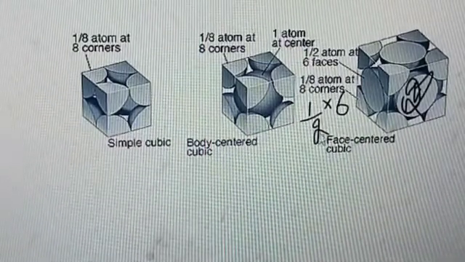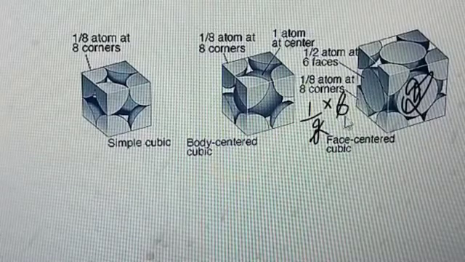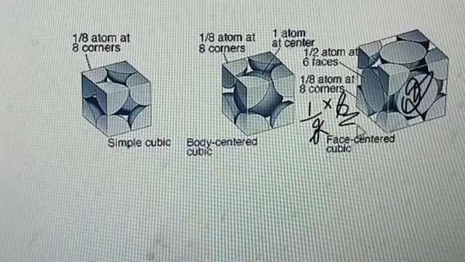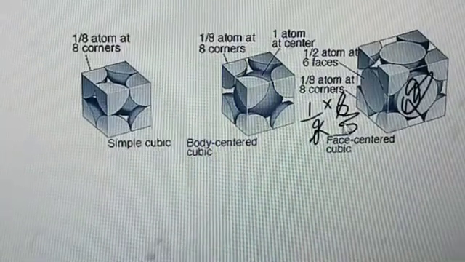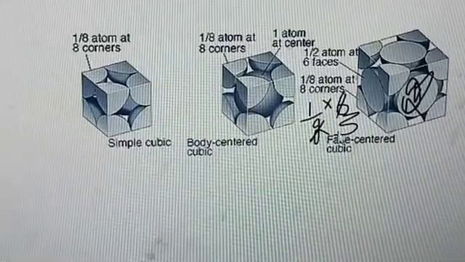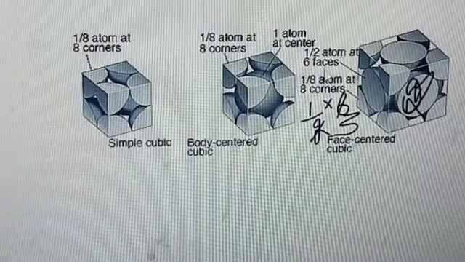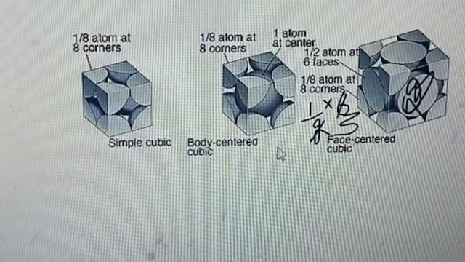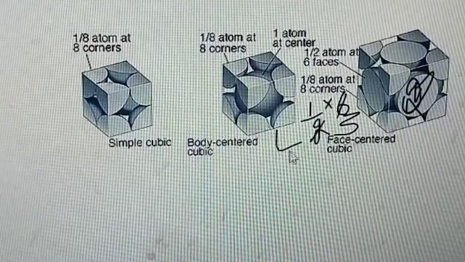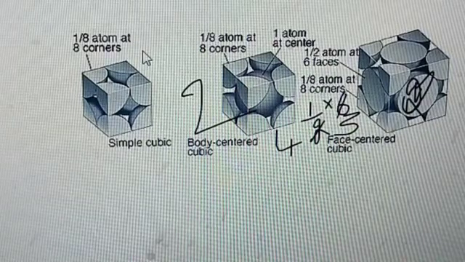So we have 6 faces, so 1 by 2 into 6, that is 3. Here at the corners 1 by 8 into 8 means 1, and at the faces 1 by 2 into 6, so that is equal to 4. So the total number of atoms per unit cell in face centered is 4. How many will be present in face centered cubic unit cell? 4. Body center 2. Primitive cubic unit cell only 1.